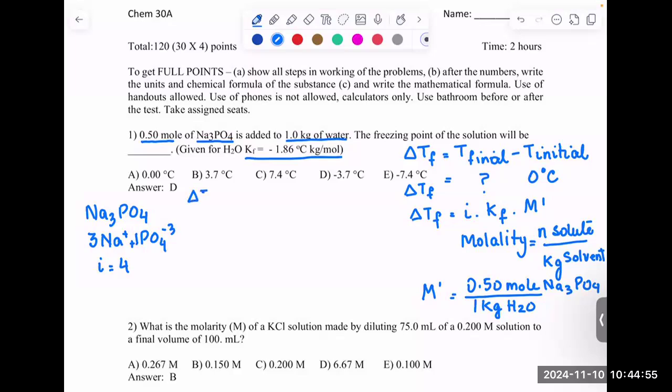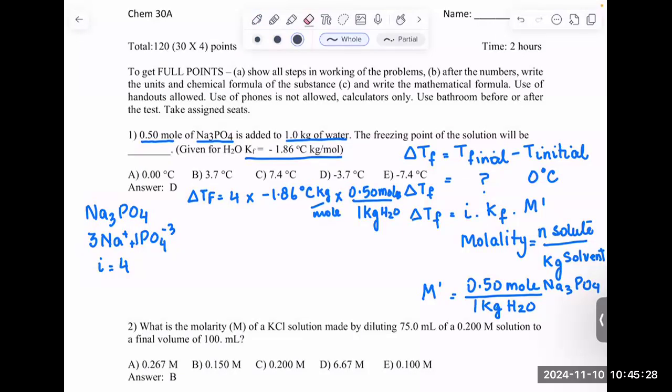The rest is just filling in the numbers. So delta Tf is equal to i, which is 4, times negative 1.86 degrees Celsius, write down all the units, kilograms per mole, times the 0.50 moles over 1 kilogram of water.